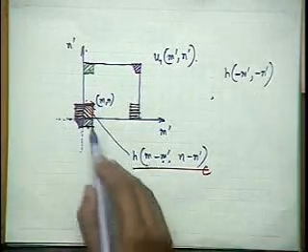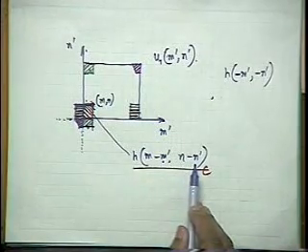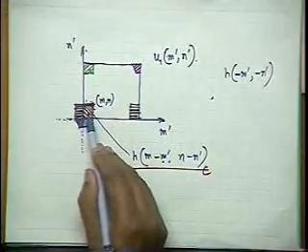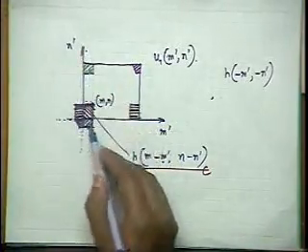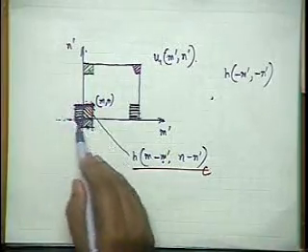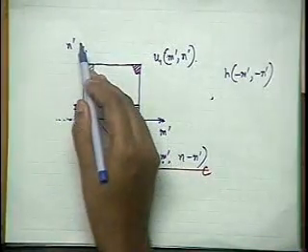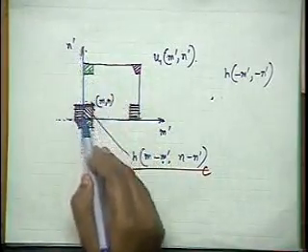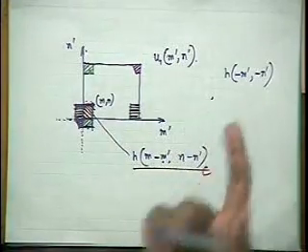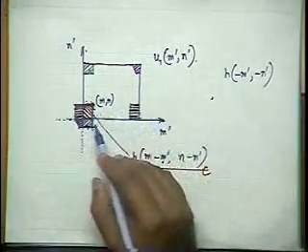Now the question is that this h of m minus m prime, n minus n prime is circularly defined. So as a result of that, the region which is going out of the positive m prime and positive n prime axis, that is to say the region which is not in the first quadrant, will simply get folded over to the other parts of the image.